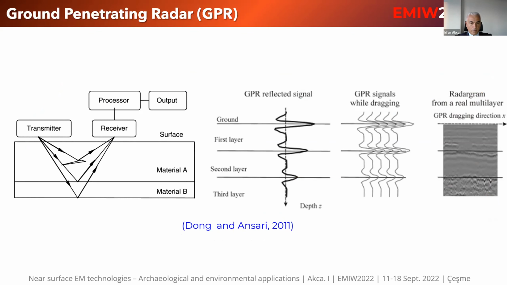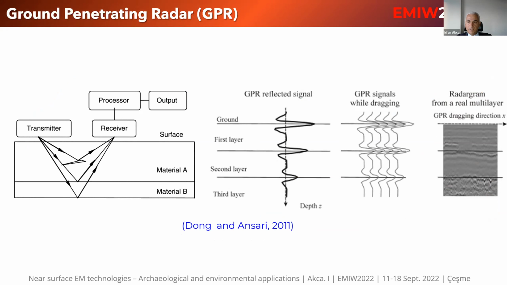I don't know if everyone is familiar with GPR, but I want to make a basic reminder slide here. The GPR method, ground penetrating radar, is a high frequency electromagnetic method.